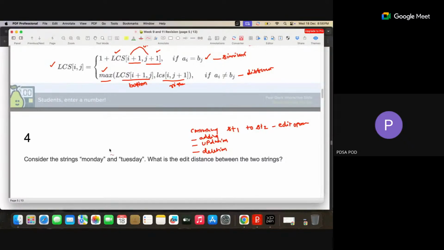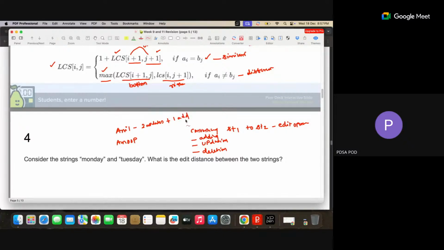For example, take Anil and Anup. To convert Anil to Anup, how many edit operations do you need? This I and L is there, and it has to be converted into O and P. So two updates I need to do, replacing I and L with O and P, plus one addition of a character.